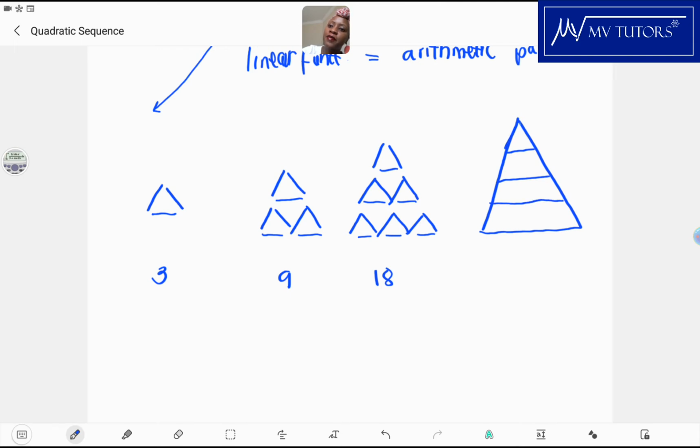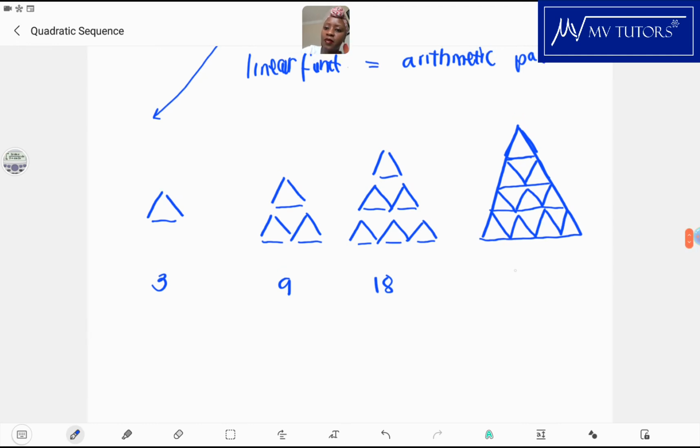Here you have 1, 2, 3 cards. So the number of cards adds up to 30. So you have 30 cards here.